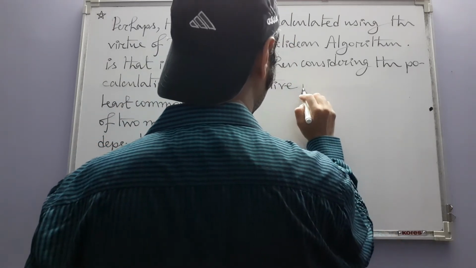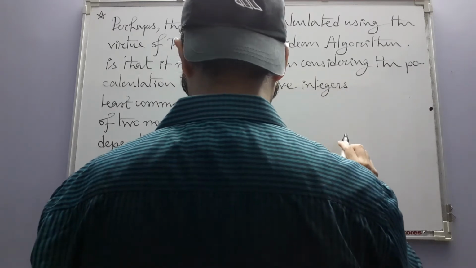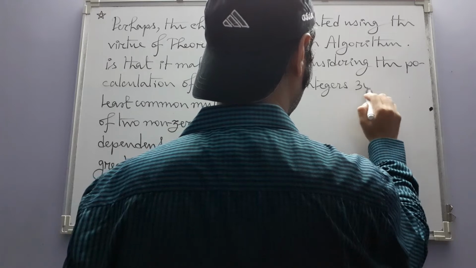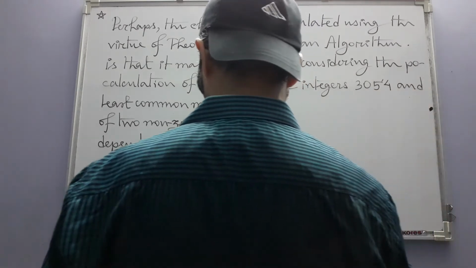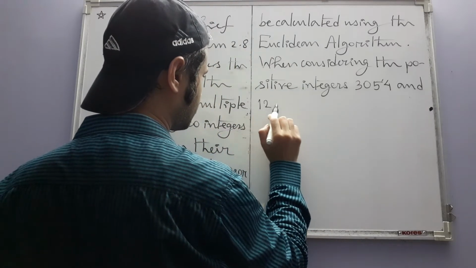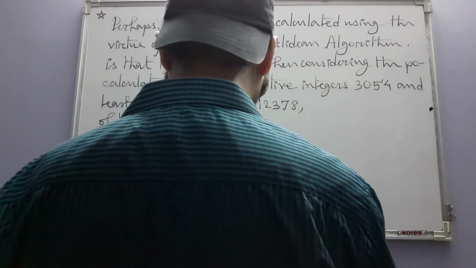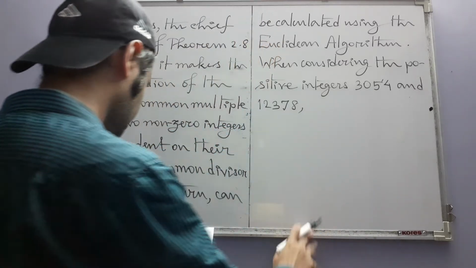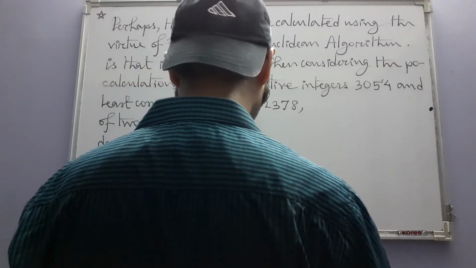Considering the positive integers 3054 and 12378, we already saw that their greatest common divisor is 6.